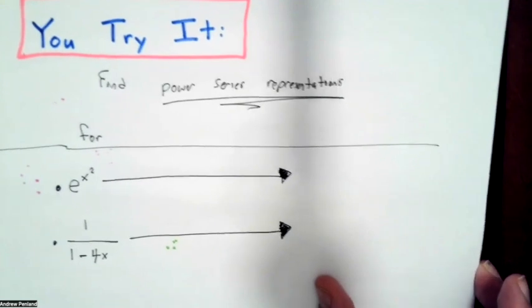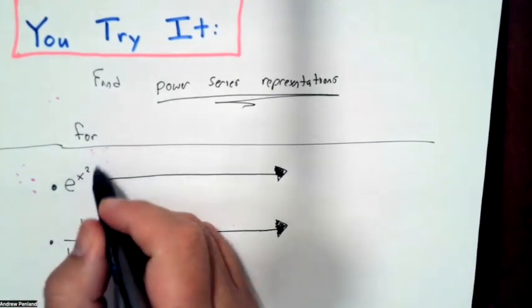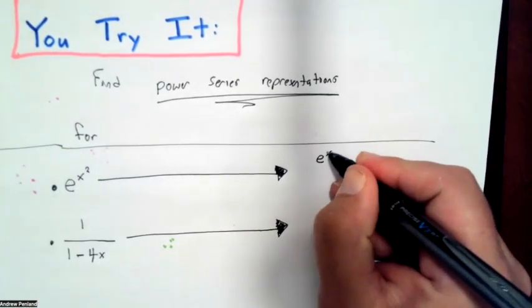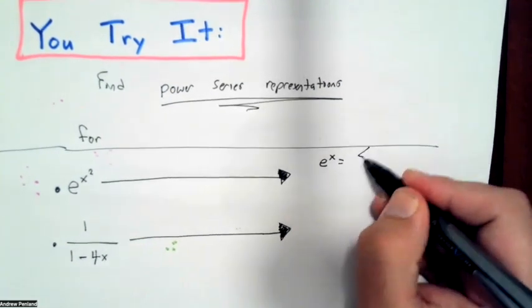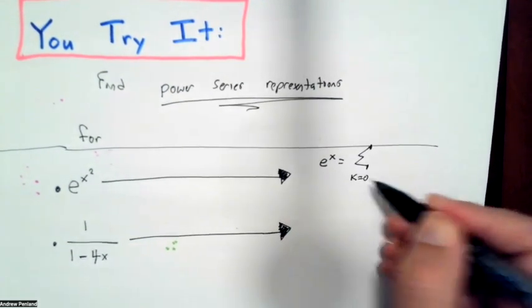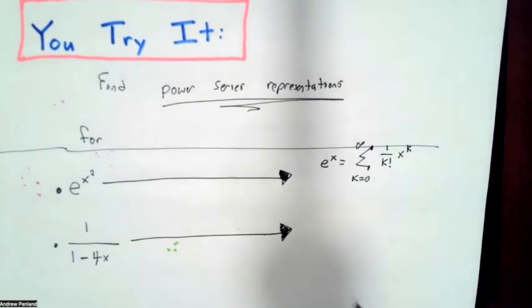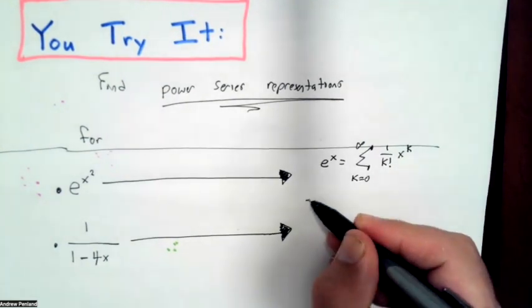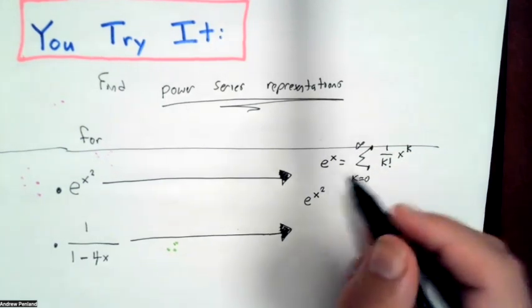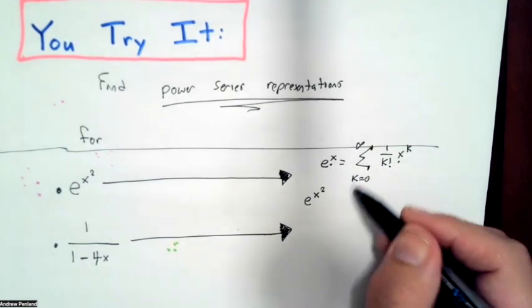Okay, again, the key for anything involving e to the whatever is to begin with the knowledge that the power series for e to the x is the sum from k equals 0 to infinity of 1 over k factorial x to the k. So all I have to do, if I'm dealing now with e to the x squared, is replace that x with x squared on both sides.